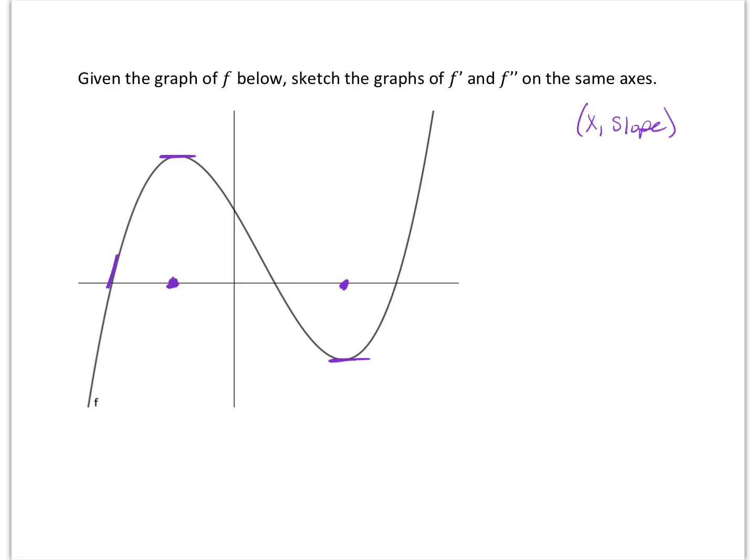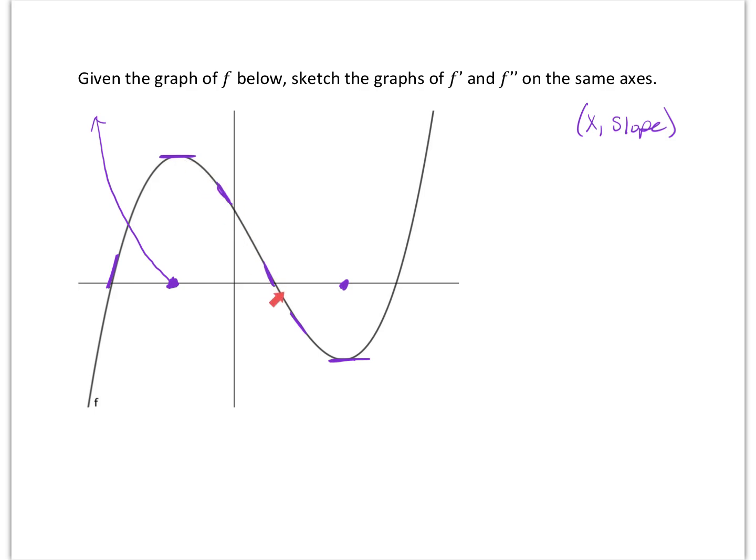So positive but coming down towards zero might look like this. All right, and then between here and here, I'm going to draw a couple little tangent lines. One, two, three, maybe just a few. Those tangent lines are all negative. So we've got very close to zero and then more and more negative.